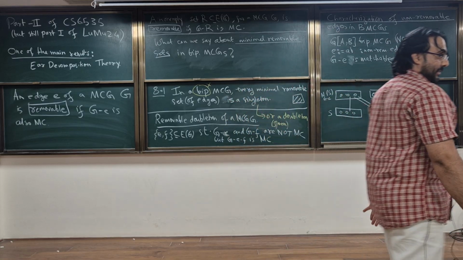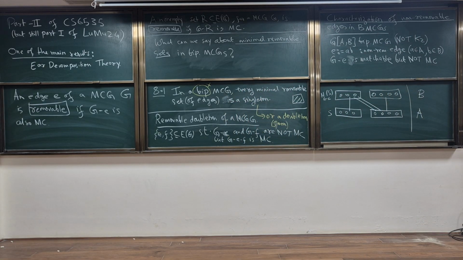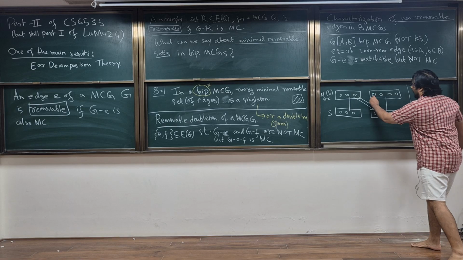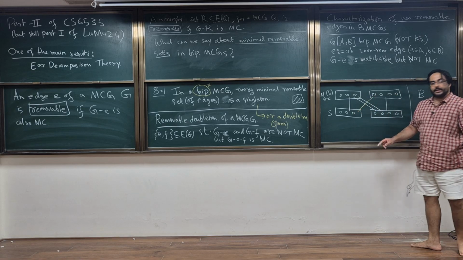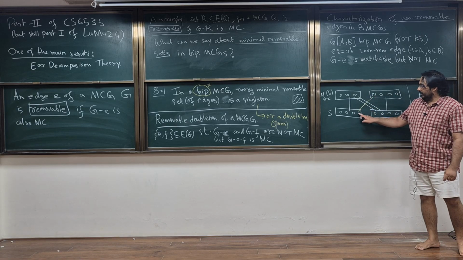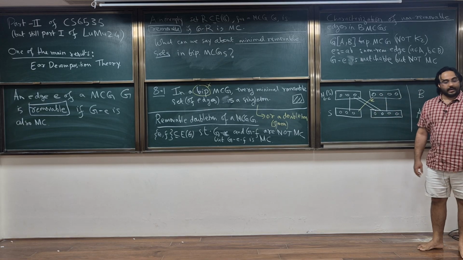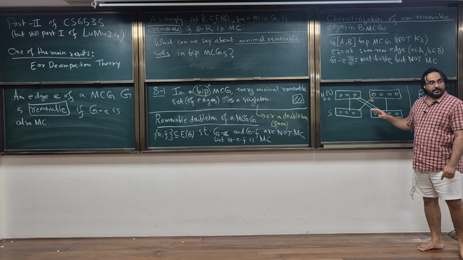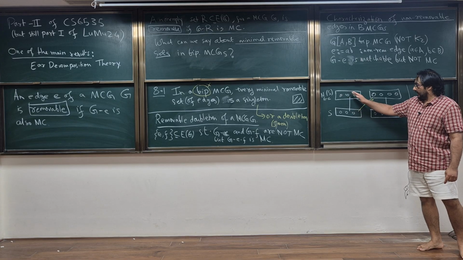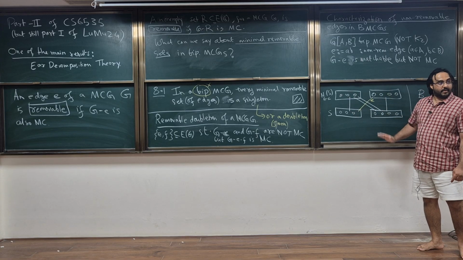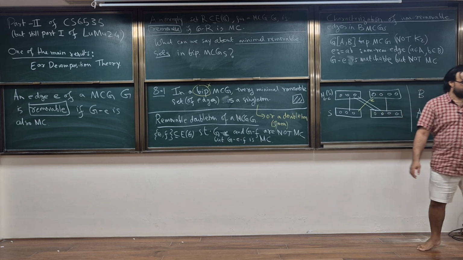That's part of the definition of matching covered. So therefore the edge E goes like this. It is the only edge in G that goes from here to here. We don't know how many edges are like this, that doesn't matter. But all the other edges are like this.